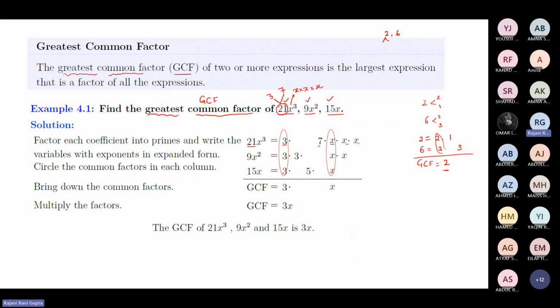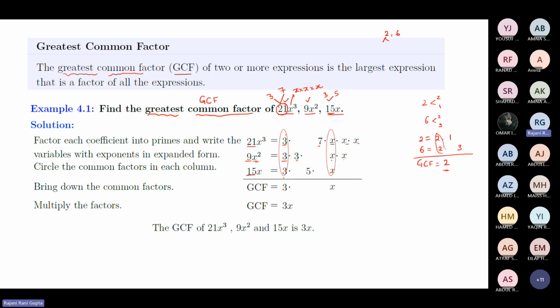Then 9x power 2. 9 we can write as 3 times 3, so we write this 3 below the 3, and since there is no other 3, we write it separate. And x power 2 is x multiplied by x. The same thing we do with 15x: we write 15 as 3 times 5, and x.